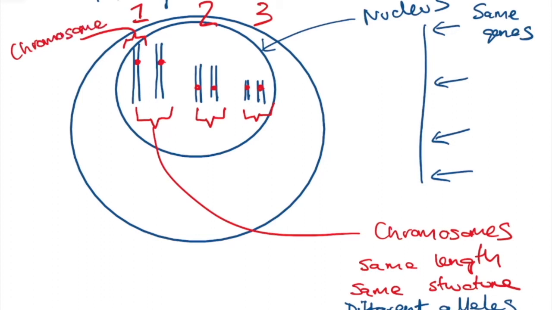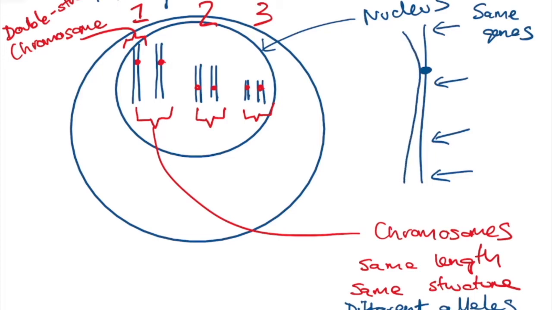So we're going to call this a double-stranded chromosome to make sure we don't get confused. Before, we had this single-stranded chromosome, and now we have copied, so we've added in an identical strand of DNA.